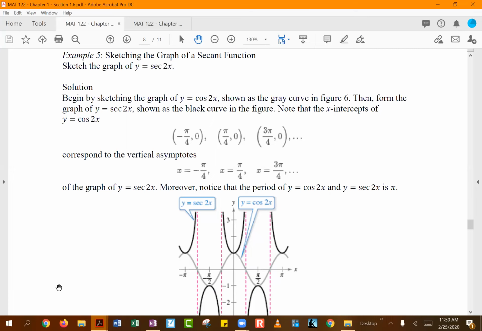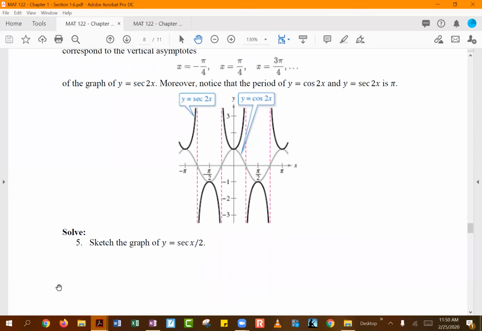So you can see how narrow these graphs are, right, compared to the other example we just did. And then, of course, once you figure that out, you can use your key points to find out where your x-intercepts are going to be. Where you have x-intercepts, you're going to have vertical asymptotes for the secant function. And then using the same idea of a cosine as your guideline graph, you will come up with the secant curve.